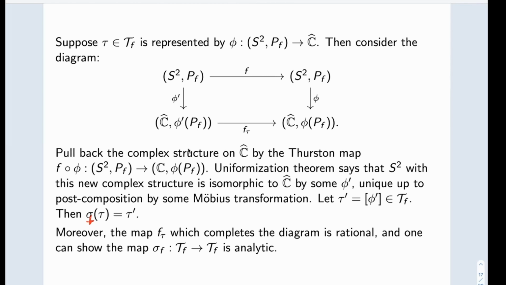I'm not going to explain the details, but this map on Teichmüller space ends up being analytic, since every step in this construction is an analytic process.